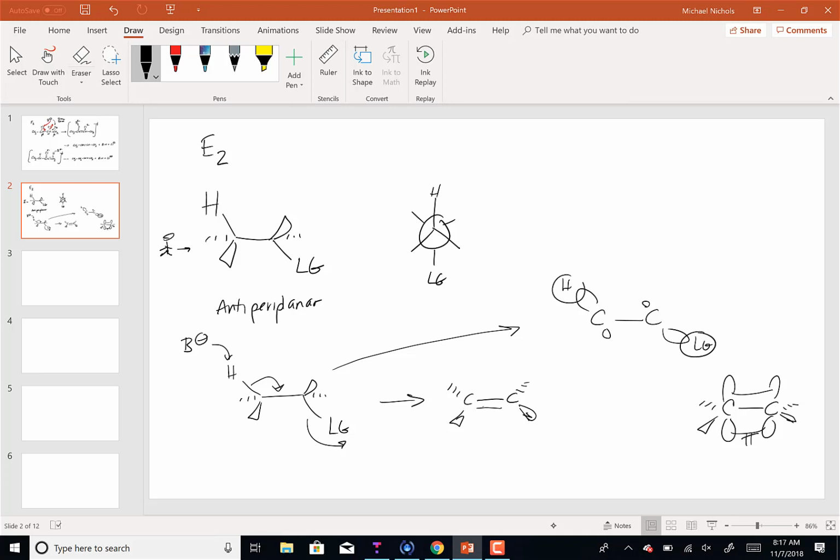So if you think about how the orbitals are going to look, those are the two sp3 hybrid orbitals, including the little tiny orbitals that we only remembered about for SN2.